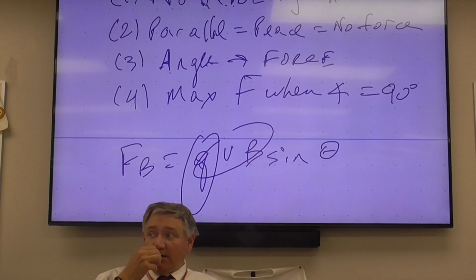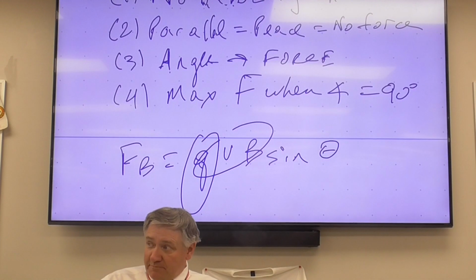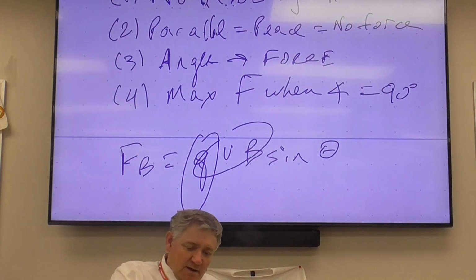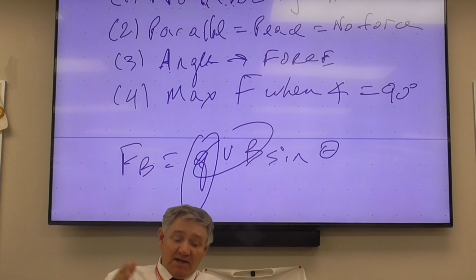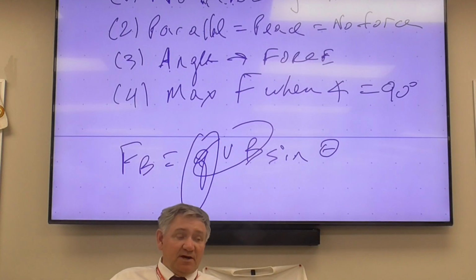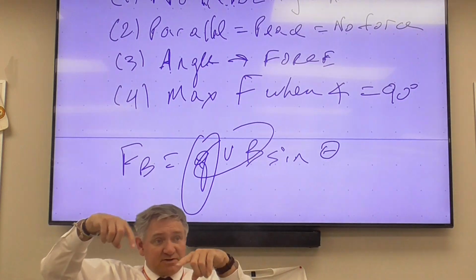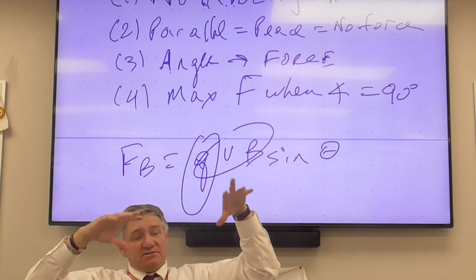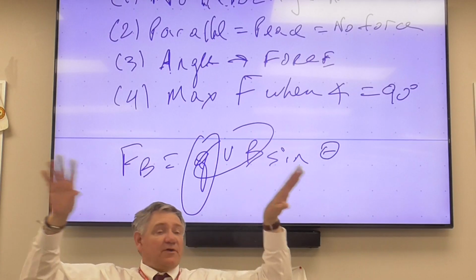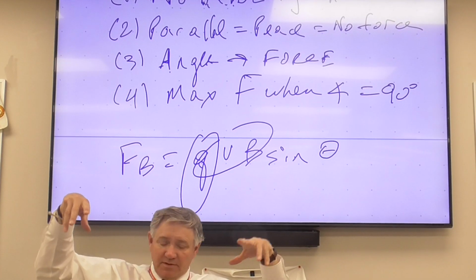That's why I said, if you don't have the object moving, you're not going to trigger force on it. B is the strength of the magnetic field, okay? Again, if you don't have a magnetic field, oddly enough, you don't have a force. That's why when I first put those electrodes in there and generated the hydrogen and oxygen and all the charged particles, nothing moved, because there was not a magnetic field associated with it.